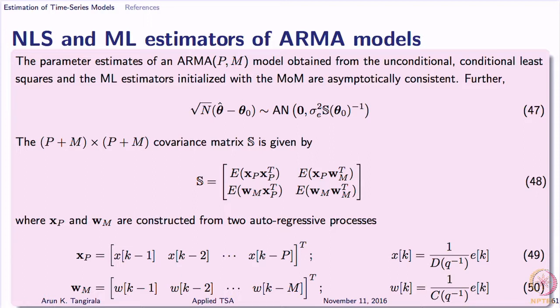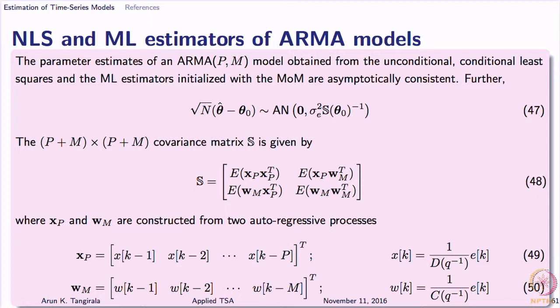The only difference when it comes to MA and AR is that for AR models you can use any of the least squares methods, Burg's method and so on. That is why there are separate routines written for AR. The moment you have MA, the least squares methods take the form of nonlinear least squares, where you need initial guesses.